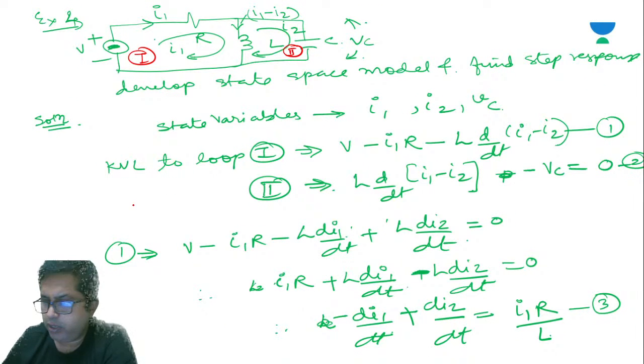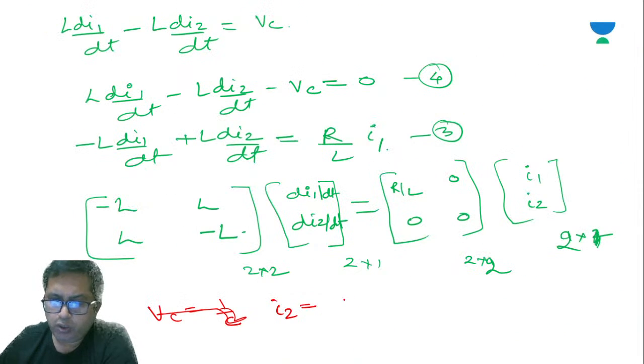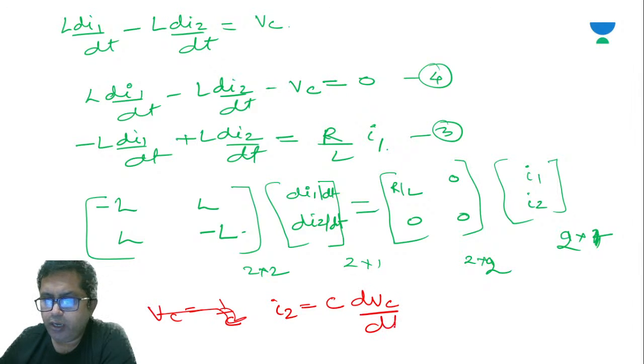I2 is the current through the capacitor, which is C dVc by dt. So dVc by dt is equal to 1 by C into I2.